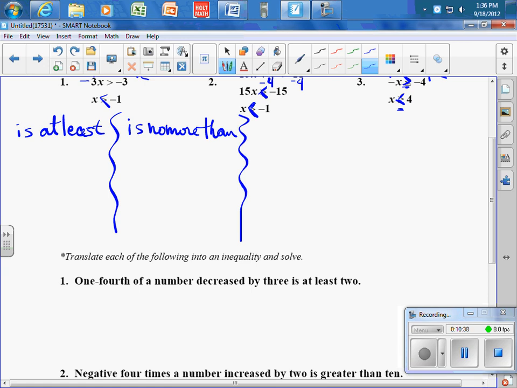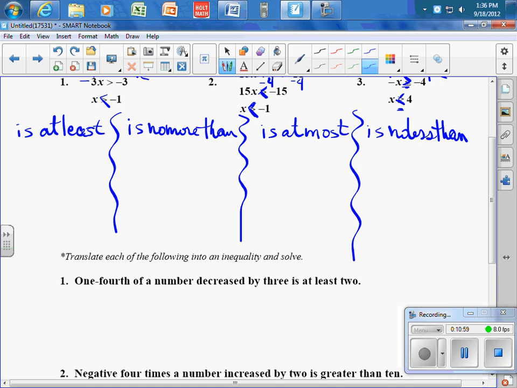Another one you're going to see is at most. And another one is no less than. These are typical phrases you're going to see that we need to write inequality signs for.